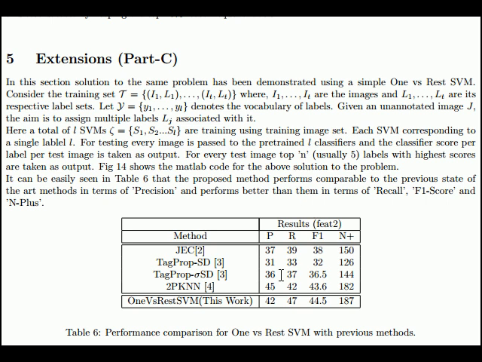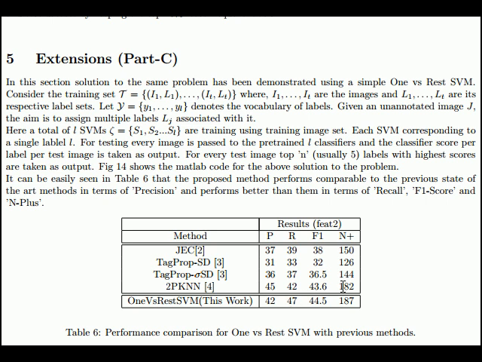This table shows clearly that the one versus rest SVM results are comparable to the latest state of the art method, that is 2pKNN. The N plus score is better than 2pKNN, the F1 score is better than 2pKNN, and the recall is better than 2pKNN. For precision, there is a slight decrease as compared to 2pKNN.